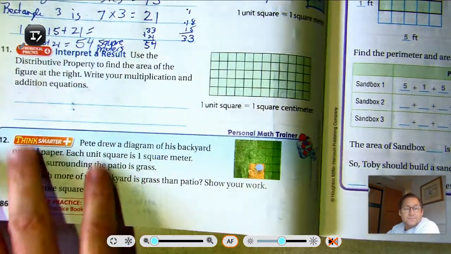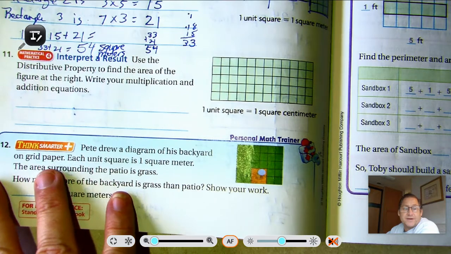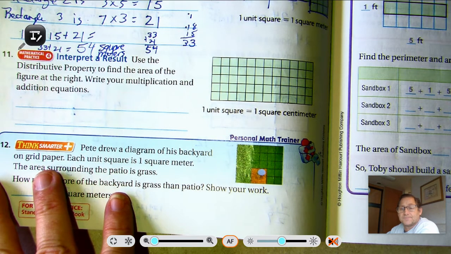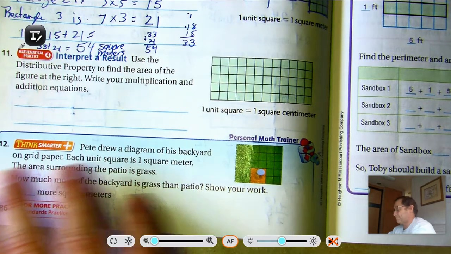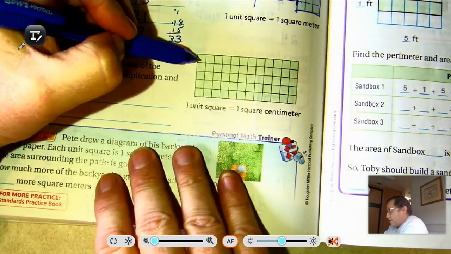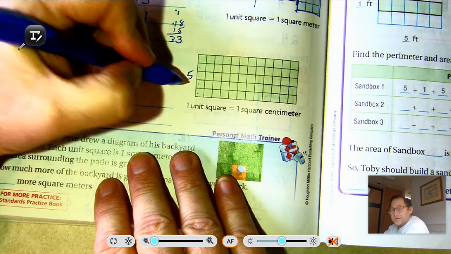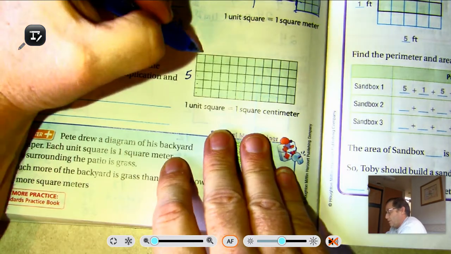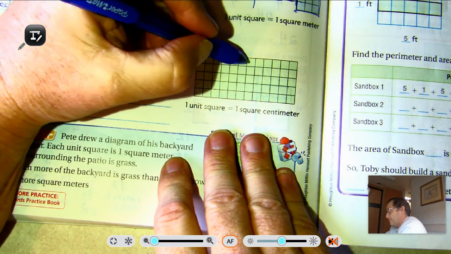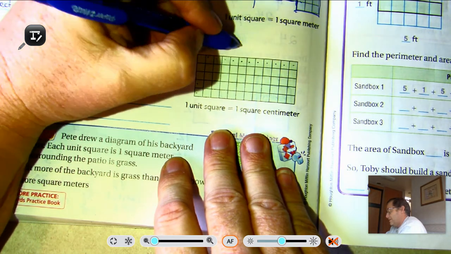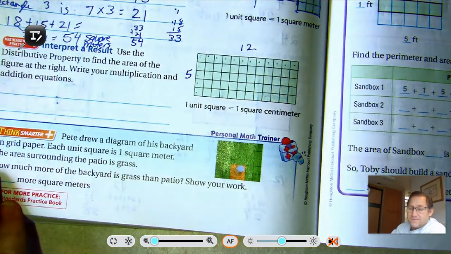And number 11, use the distributive property to find the area of the figure at the right. Write your multiplication and addition equations. Okay. So let's see, 1, 2, 3, 4, 5, right? I don't think I want to change the 5, but let's see. 1, 2, 3, 4, 5, 6, 7, 8, 9, 10, 11, 12. Yeah, I don't want to change the 5.